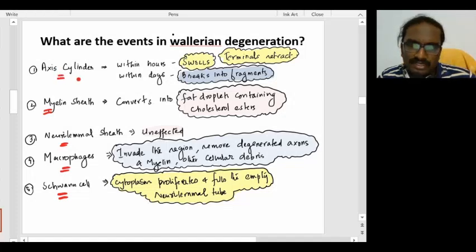I've gone through several textbooks, and I've not seen a single diagram in any of them which shows all the changes together in one. So what I would recommend is that you draw a diagram yourself showing all these changes. In a single diagram you should show all these changes.